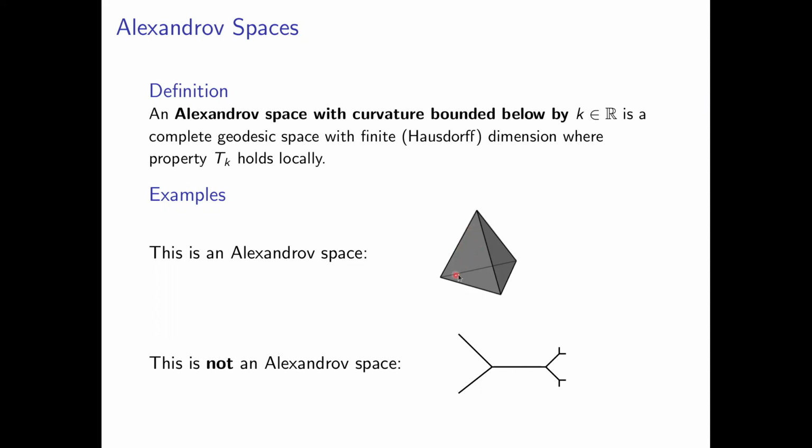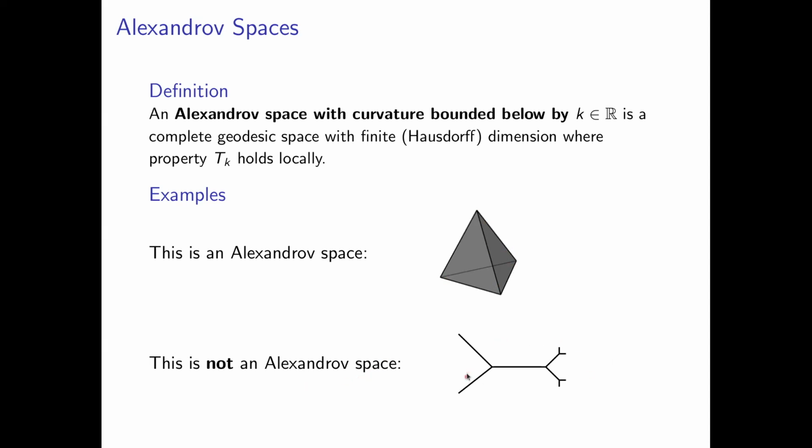On these sides it is flat, except at its vertices, but the inequality holds. This is homeomorphic to the two sphere, but it's not smooth, right? The metric is not smooth at this point.